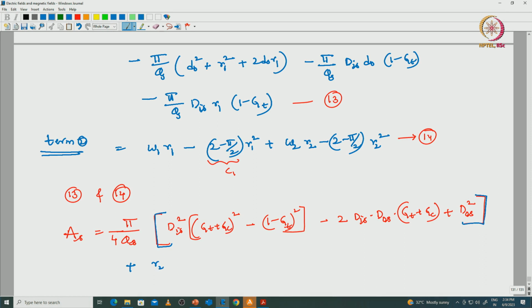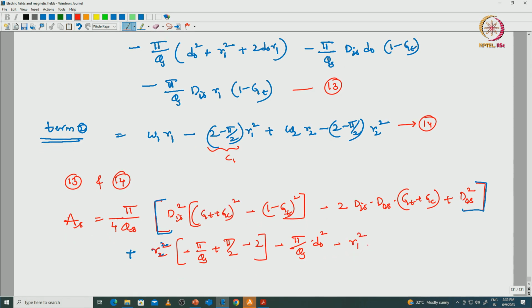dimensions: r2 square into (minus pi by qs plus pi by 2 minus 2), minus pi by qs into d naught square, minus r1 square into (minus pi by qs plus 2 minus pi by 2), minus pi by qs into dis into d naught into (1 minus gt).